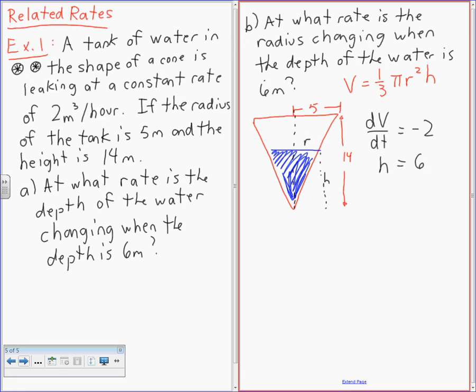Jeff, what else do I know for part A? We'll get to that maybe in one sec. But what am I actually looking for, Jeff, in this case for part A? Rate of change in the depth of the water. We're trying to call it dH by dt.